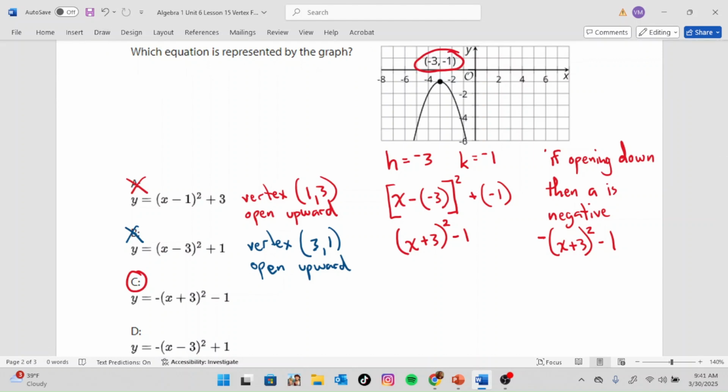And then D would have a vertex at positive 3, positive 1, and it would correctly open downward.